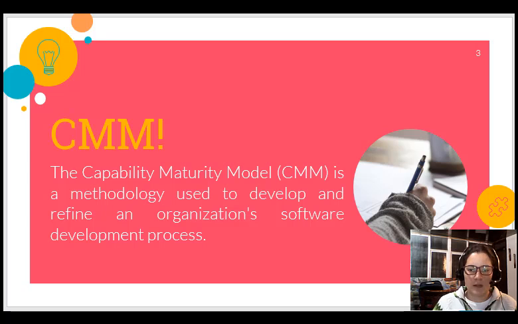The Capability Maturity Model (CMM) is a methodology used to develop and refine an organization's software development process. The CMM was designed to help developers select process improvement strategies by determining their current process maturity and identifying the issues most critical to improving their software quality and process.